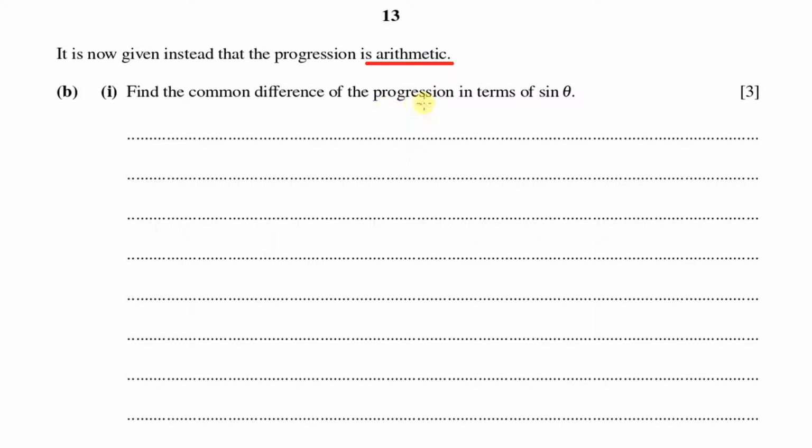And we know that for an arithmetic progression, the first term can be denoted by A, and from the question, that's sine squared theta. And the second term, which is denoted by A plus D, is, according to the question, sine squared theta cos squared theta. So they say find the common difference of the progression in terms of sine theta.